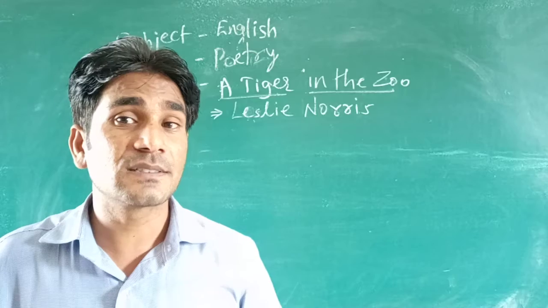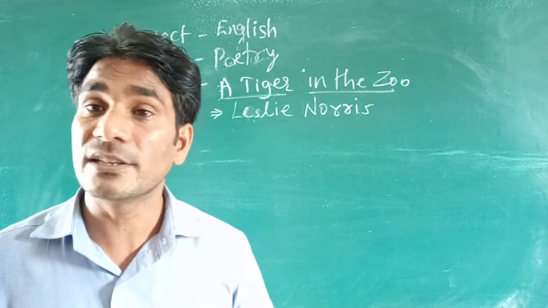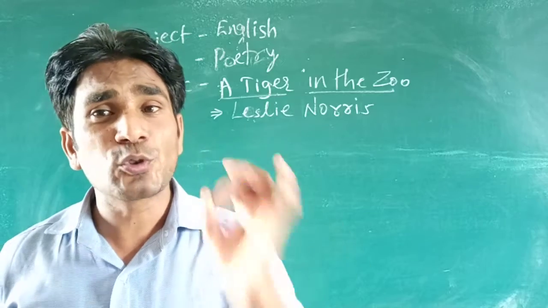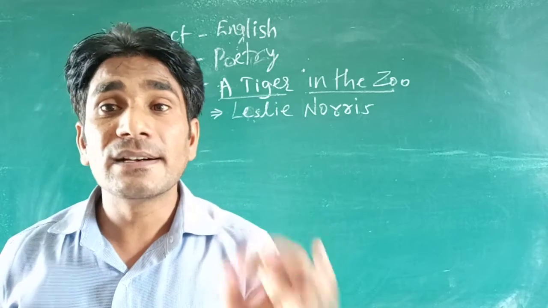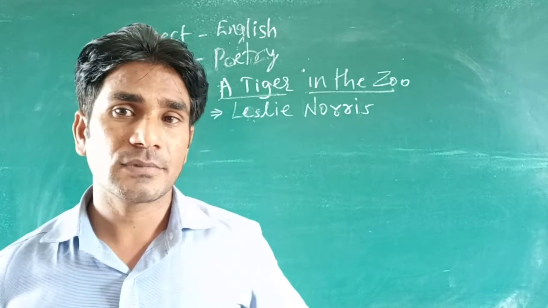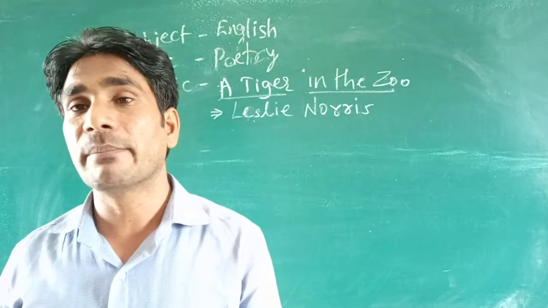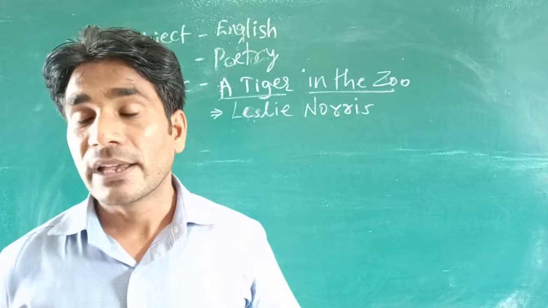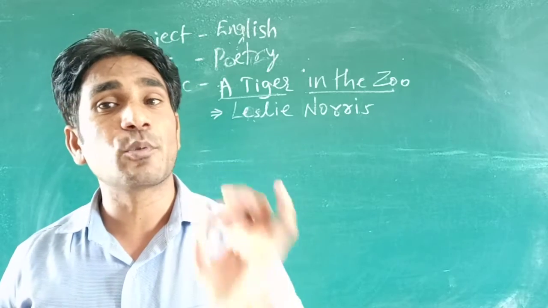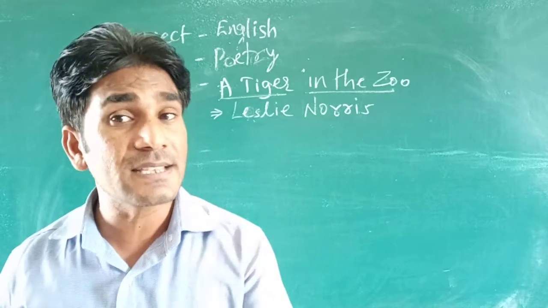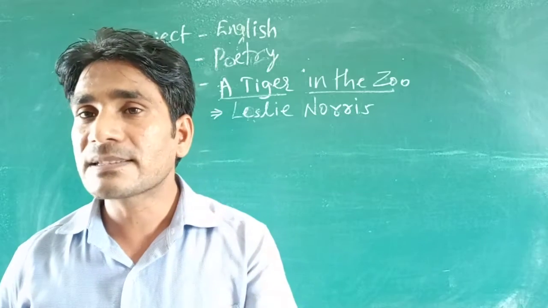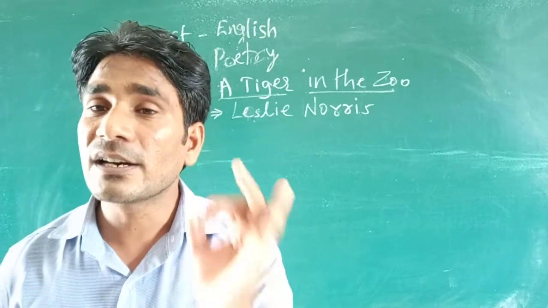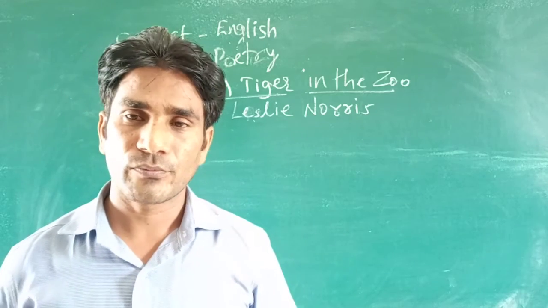This is the pitiful condition of the tiger that the poet wants to convey to the readers. So this is the message, the theme of the poem. Here the poet expresses the agony, helplessness, sorrow, sadness of the tiger caged in the zoo.